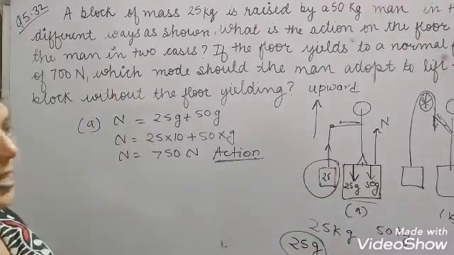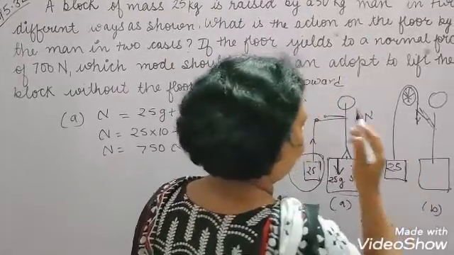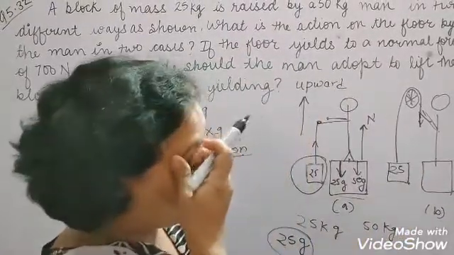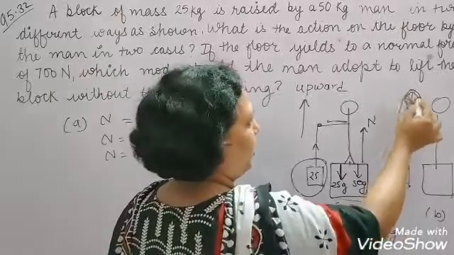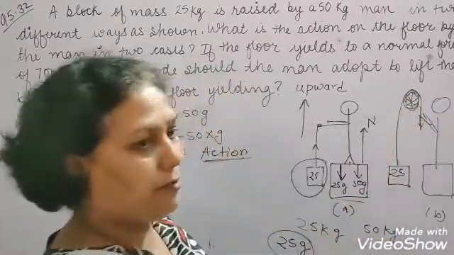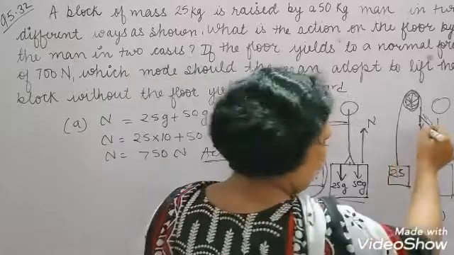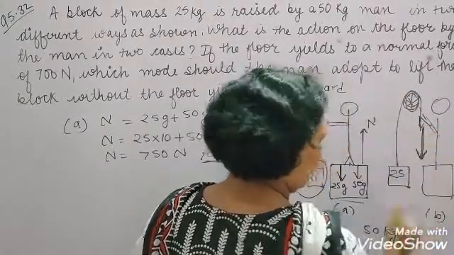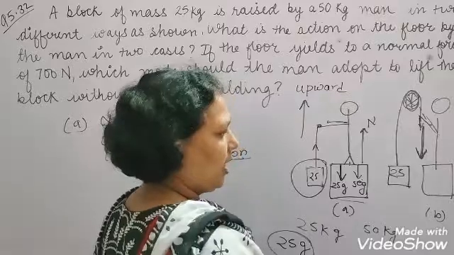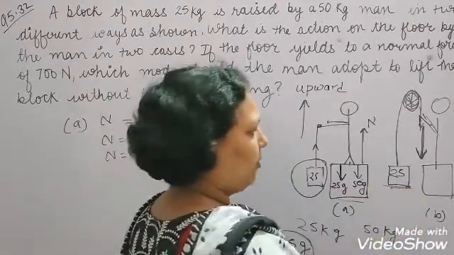Now you will see here the second case. The same block, the man is pulling that block, but this time with the help of a pulley. So this time he is applying the force in the downward direction, and at least 25g force he has to apply to lift the weight.